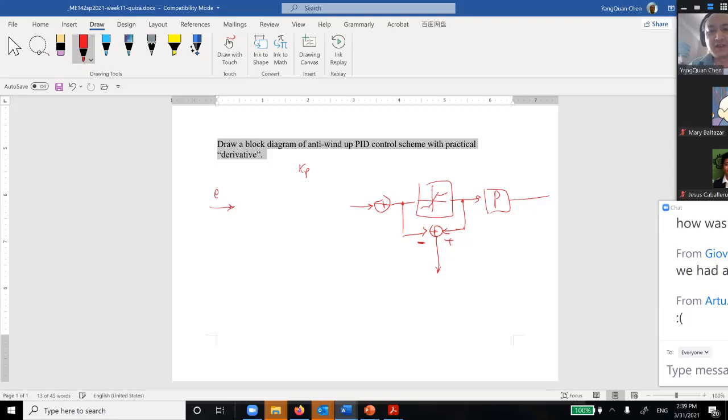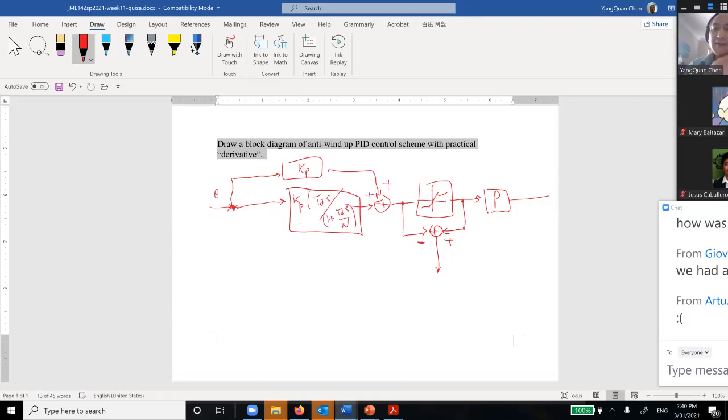So you have KP, you have KD, and also KP, but you have something called TD, then you have s, but you also do 1 plus TD s divided by N. N is a number from 4 to 10, okay? This is called a practical differentiator. Everything here is positive.